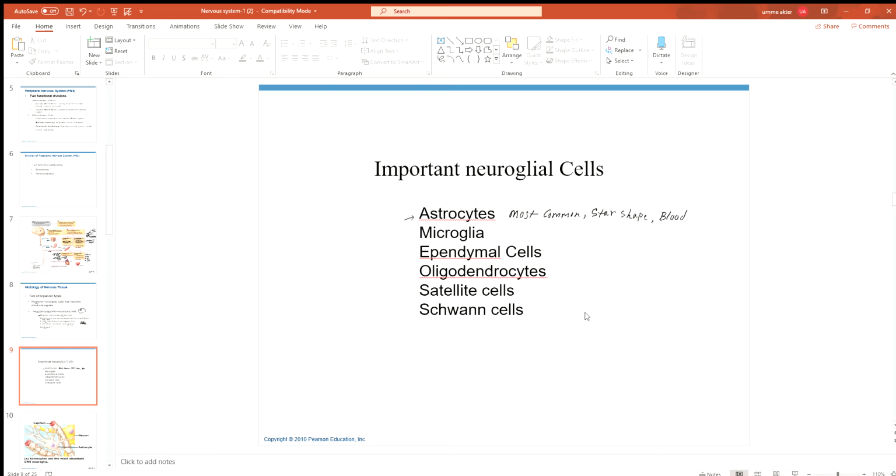Blood-brain barrier. That is the main function.